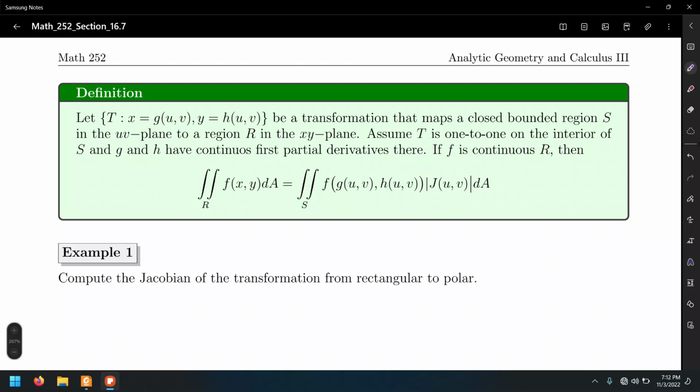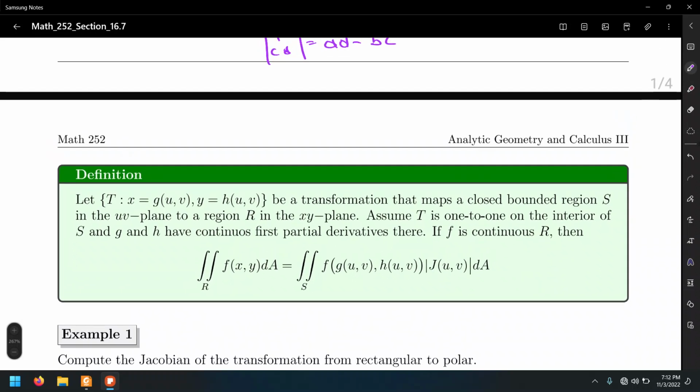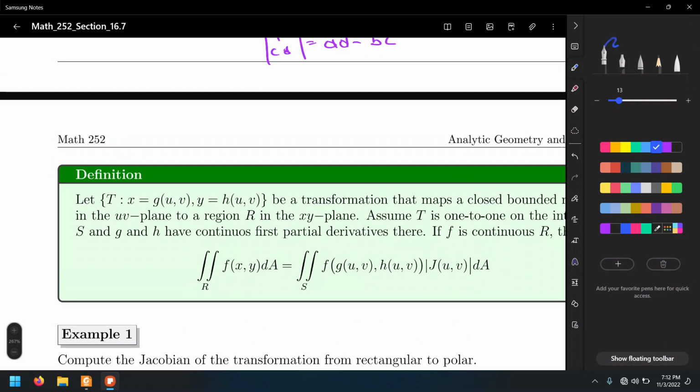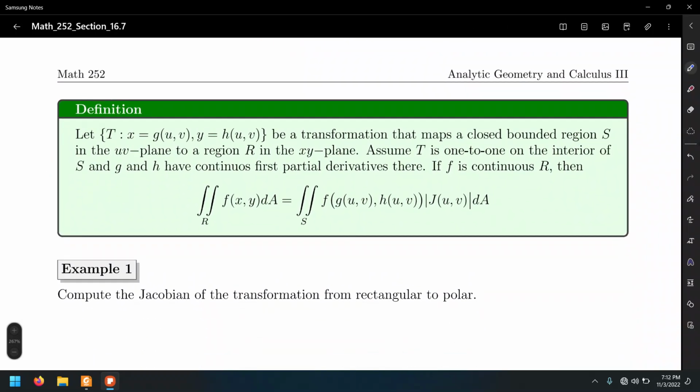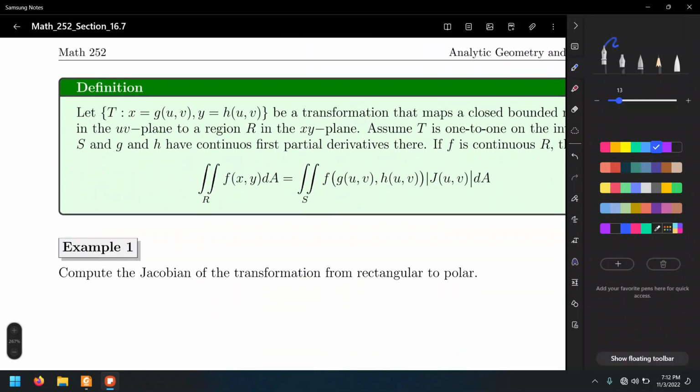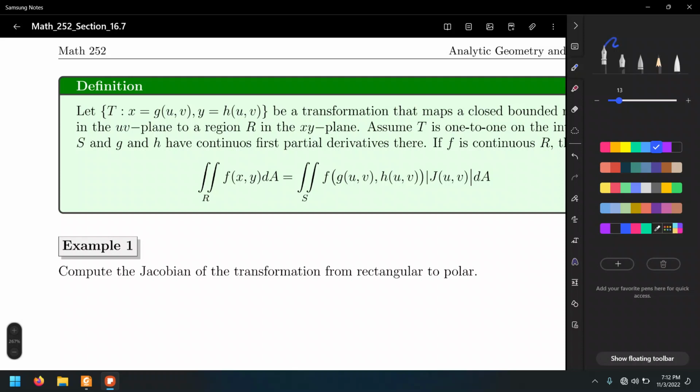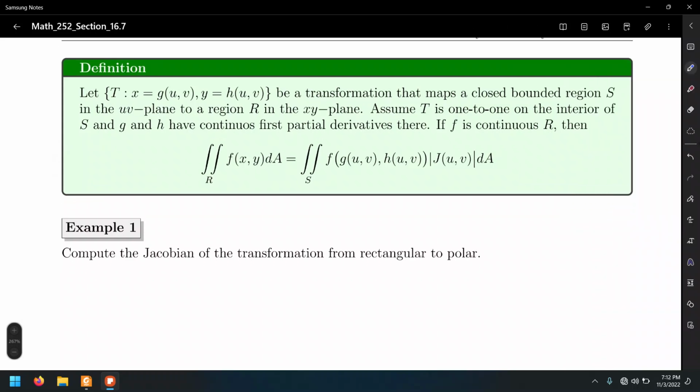In some situations, that's why we have to change the order of the double integration. You might remember when we change coordinates, you might recall from rectangular to polar, for example.